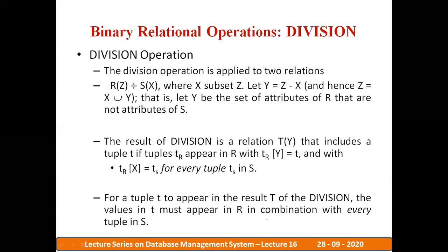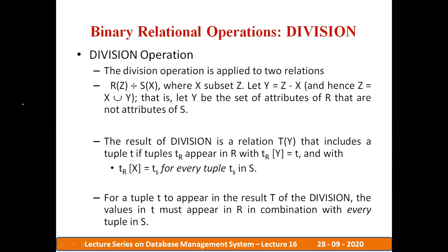Now we are going to see the second binary relational operation, that is division. The division operation is applied on two relations. Whenever you perform a division operation, you require the numerator as well as the denominator. In the same way, whenever you perform the division operation in the case of relations, you also require two tables.